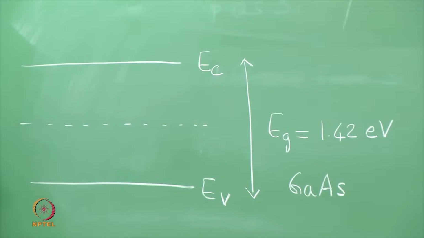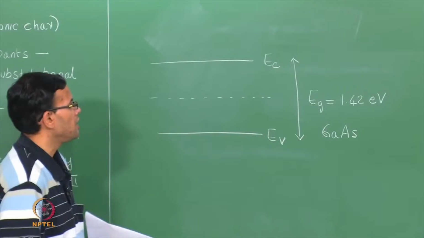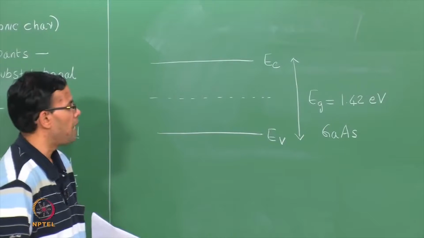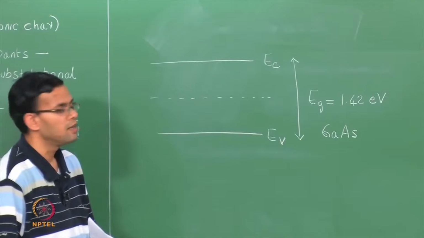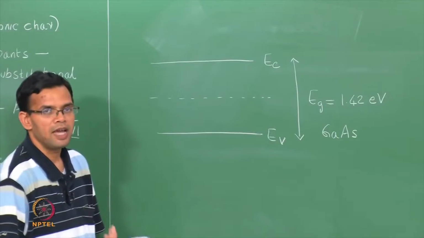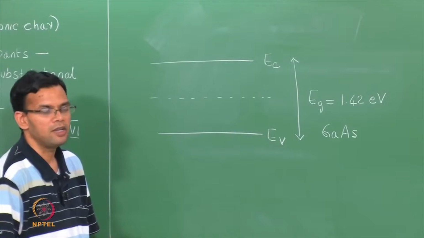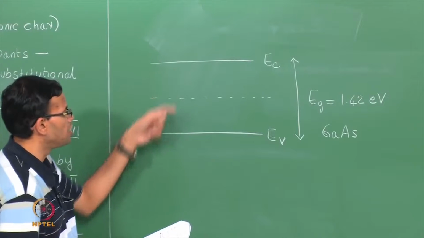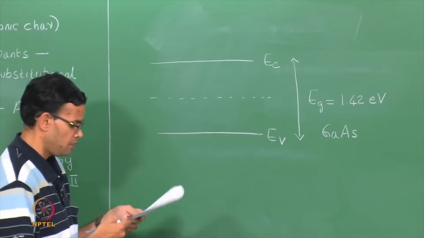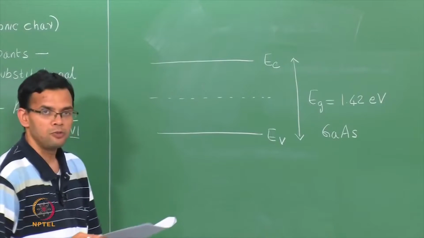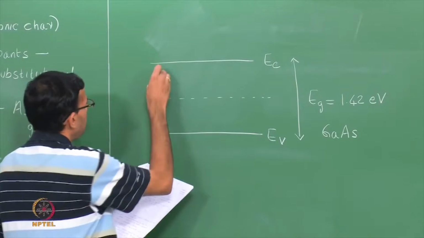If you look at the various elements, the group 2 and the group 6 elements will essentially form impurity states in the band gap of gallium arsenide, and depending upon whether they are n-type or p-type, they will be located either close to the conduction band edge or the valence band edge. If you look at the group 6 elements, these are n-type.